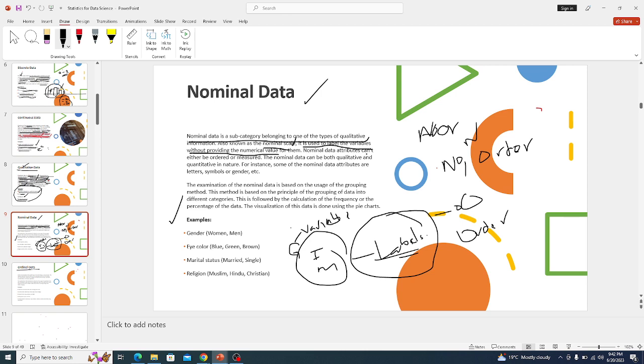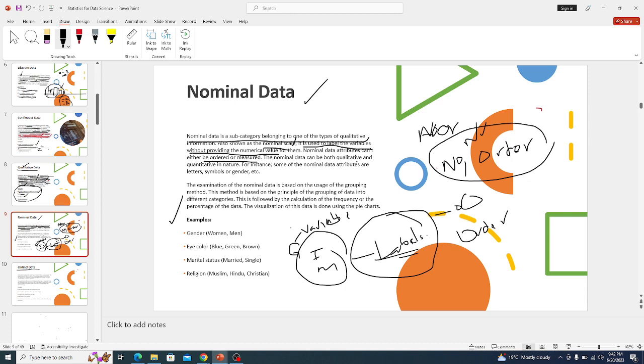So nominal data attributes can't be ordered or measured. We've said no order for nominal data, meaning this type of data cannot be ordered and cannot be measured.